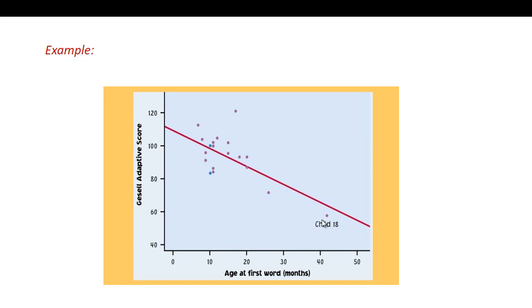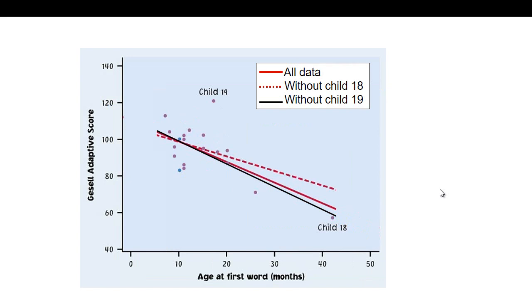And if we look at this data point, even though it's closer to the regression line, the x value of this data point is quite a bit away from the other ones. So this is a suspected influential point. If we suspect so, we can check them.